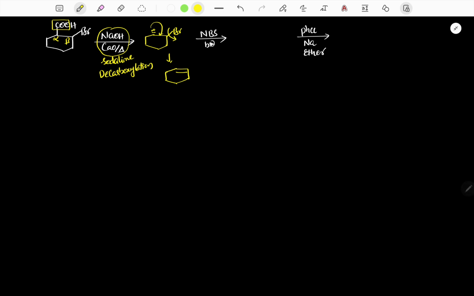Now it is treated with NBS and HNO. So it is a free radical substitution. NBS always contains some amount of impurity Br2, and NBS means N-bromosuccinimide. So it undergoes free radical substitution, and the specialty of NBS is only at allylic and benzylic carbons.